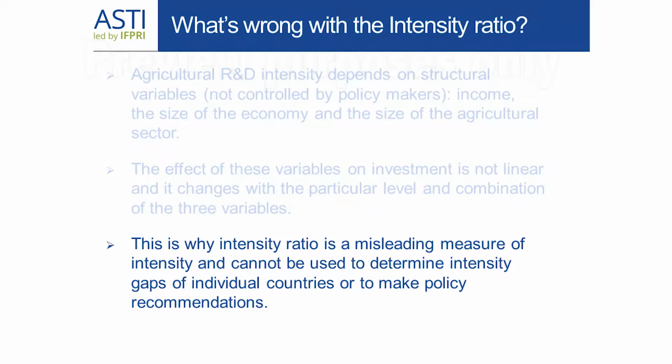And the effect of these variables on investment is not linear. It depends on the combination of these three variables, the income of the country, the size of the economy, and the size of the agricultural sector. This is why I was arguing that the intensity ratio is a very misleading measure of intensity that cannot be used to determine intensity gaps for individual countries, or to make policy recommendations.